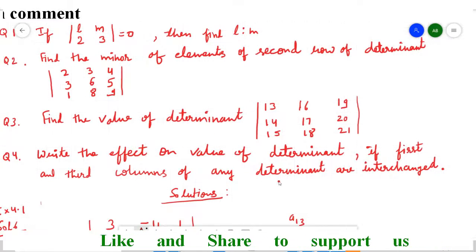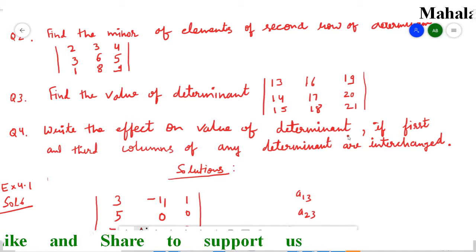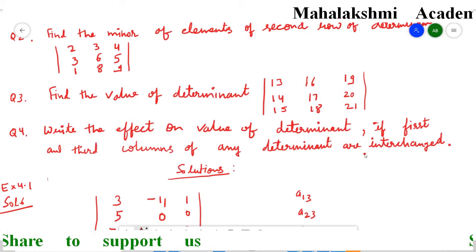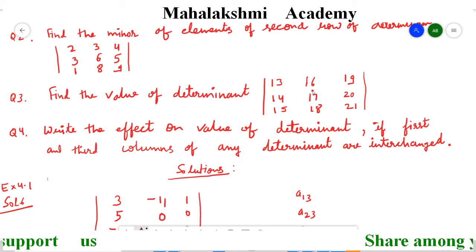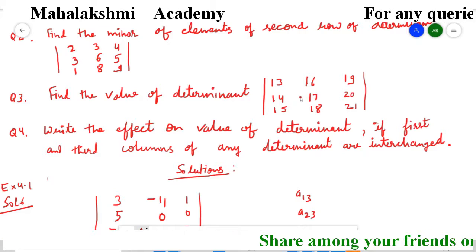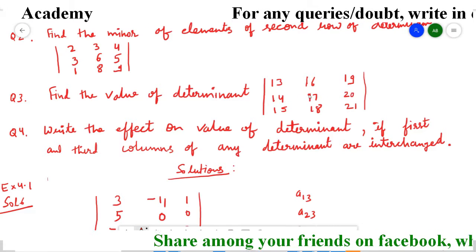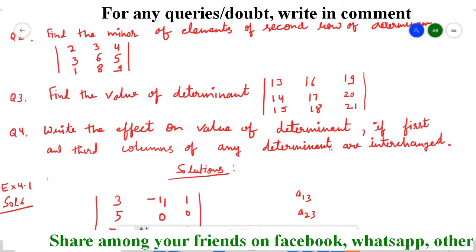Now here question number 4: write the effect on the value of the determinant if the first and third columns of any determinant are interchanged. So students, if you interchange any two columns, meaning you interchange the first column and any other column, then the sign of the value of the determinant will change.